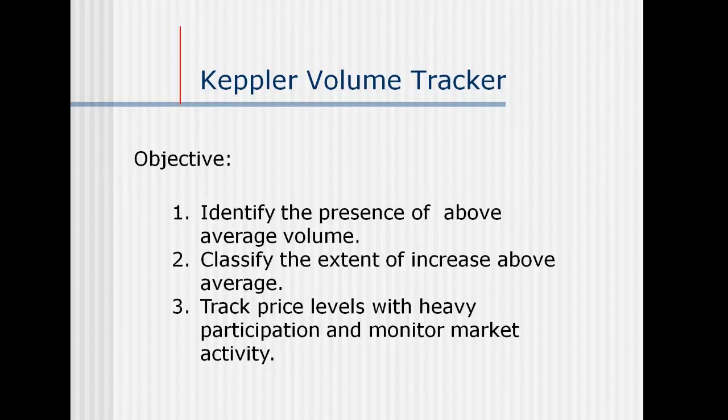Now, let me tell you a little bit more about the algorithm for the Kepler Volume Tracker. It only works on time-based charts. So it cannot be placed on a tick chart or a volume-based chart, but it will work on any time frame. And the reason is, in my logic in developing the tracker, I didn't want to just identify large segments or large parcels of volume at any particular time.